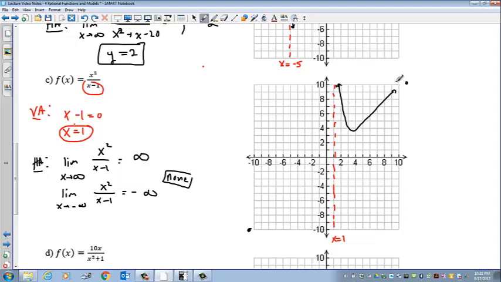That's good enough, I think. And then over here, it basically does the same thing. It starts down here, kind of comes up here, turns around, kind of goes down like that. If I can make this any better, that's better. All right, so there's the graph of that function there.